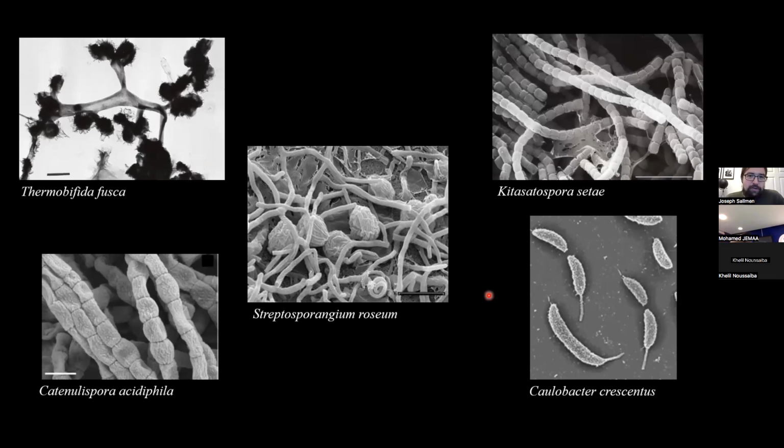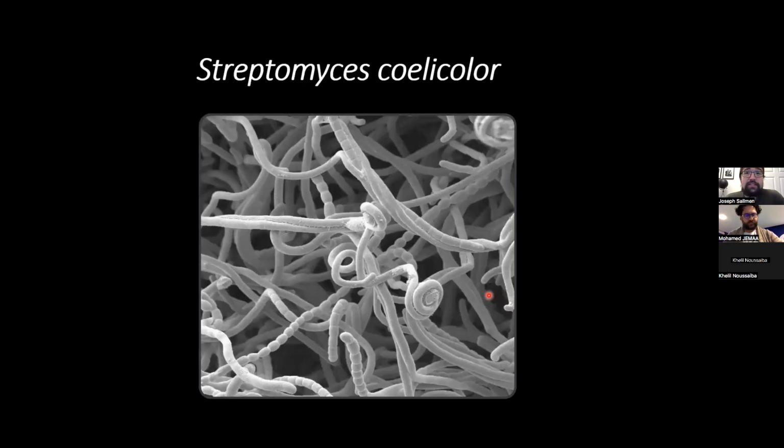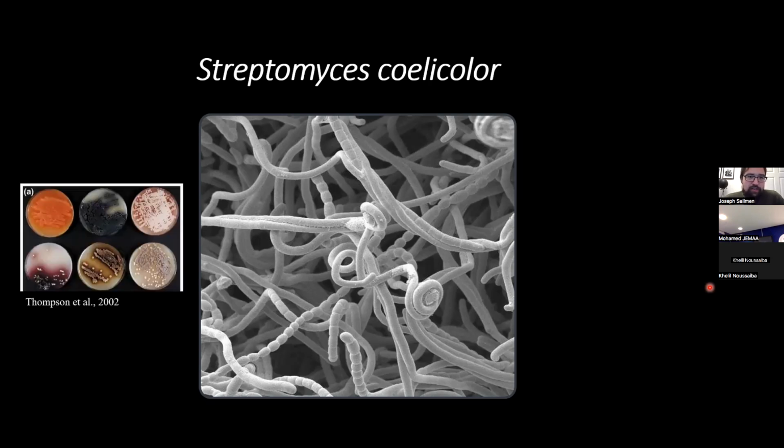But today I'm going to tell you about a bacterium that's near and dear to my heart, Streptomyces coelicolor. It's basically my favorite bacterium. I've worked on it now for almost 11 or 12 years. It's an interesting organism, but most people are familiar with it because of the antibiotics that it produces.